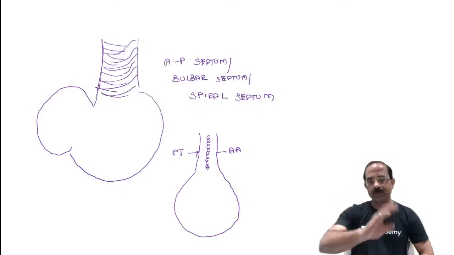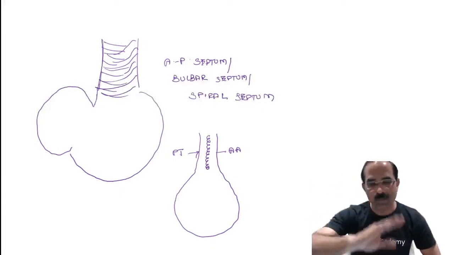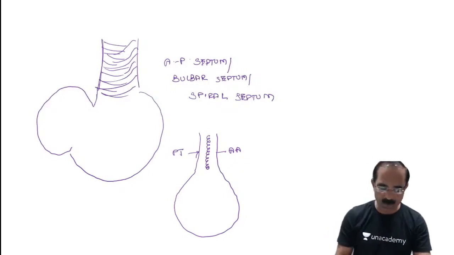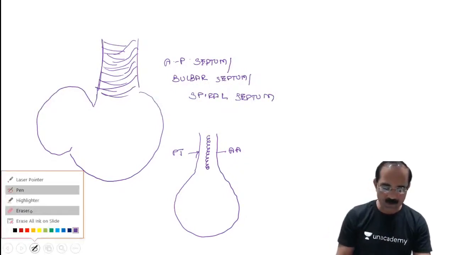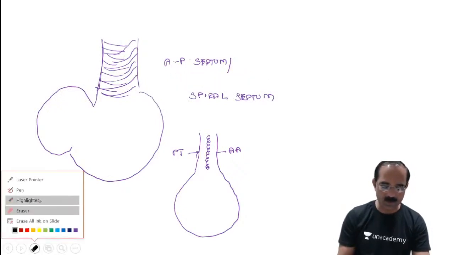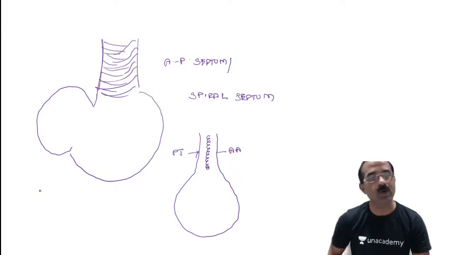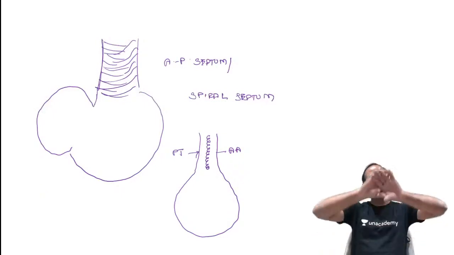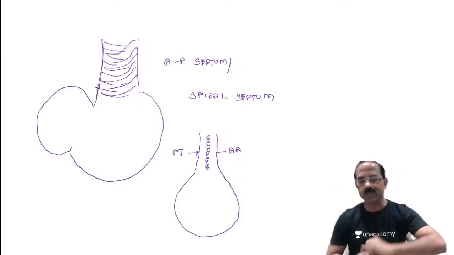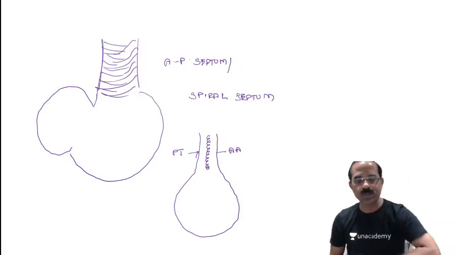So this septum is known as the aorticopulmonary septum. Sorry, not bulbar septum. This septum is also known as the aorticopulmonary septum or spiral septum. And this septum is going to divide this truncus arteriosus into two big blood vessels, the ascending aorta and the pulmonary trunk.